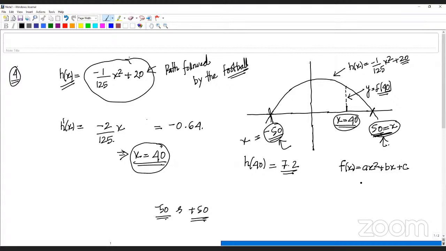So what is b here in this equation? b is 0. And what is a? a is -1 by 125. So now you just apply. What will you get if you take the derivative?